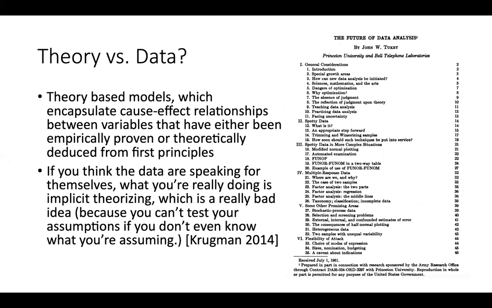The reason is that theory-based models encapsulate causal or cause-effect relationships, which are often derived from first principles. So data does not technically speak for itself. There's always a lens of theory which is present.